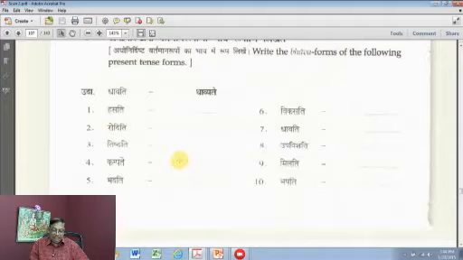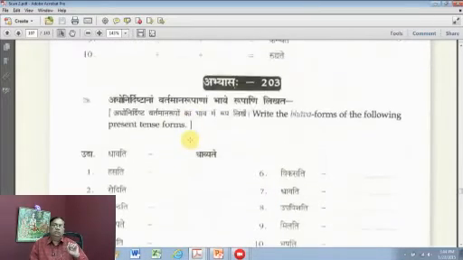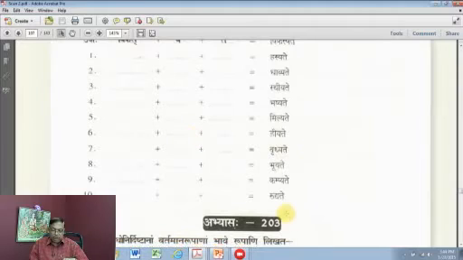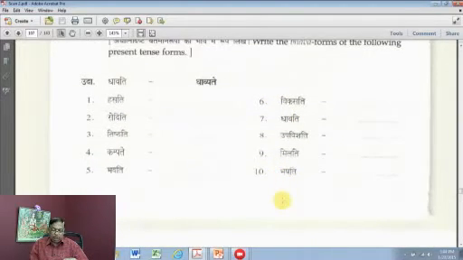Tishtati, sthiyate. Kampyate. Bhavati, bhuyate. Vikasati, vikasyate. Dhavati, dhavyate. Upavishati, upavishyate. Milati, milyate. Bhashati, bhashyate. Any difficulty here? Hasati, hasyate, roditi, rudyate, which is there above. You can see there on the same page, 10th one, rudyate. Tishtati is also there, sthiyate, 3rd one. Kampate is also there, kampyate, number 9.